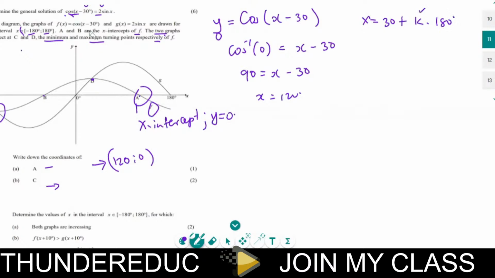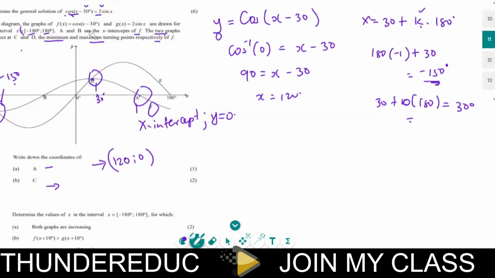If I replace k with −1, it will be 180 times −1 plus 30, which gives me −150 degrees. Since it's greater than −180, it's going to be −150. And if I replace k with 0, it will be 30 plus 0 times 180, and that gives me 30 degrees. So this point here represents the 30 degrees along the x-axis.